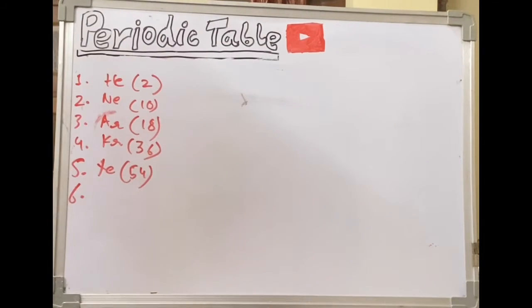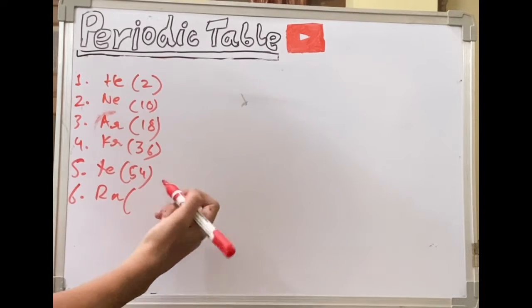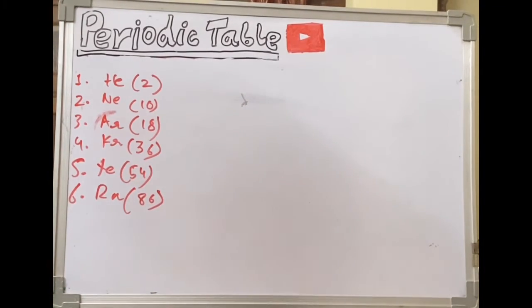6th, the period in which the lanthanide series comes into play. The 6th one is, wait, I did something wrong over here. So it's krypton, argon, krypton, xenon. No, it's all correct. Then there is radon. It has 86.